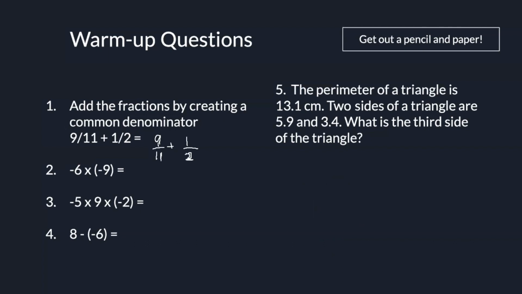First thing is that you multiply 11 by 2. Then you multiply 2 by 11. What we're doing here is getting a common denominator on the bottom, right? So we can get the same number on the bottom. Then you multiply the top.